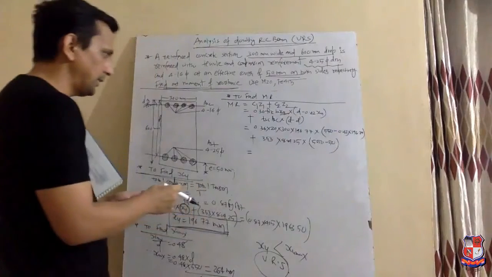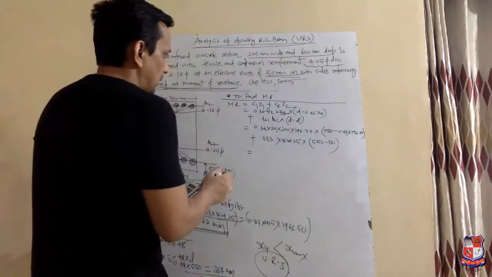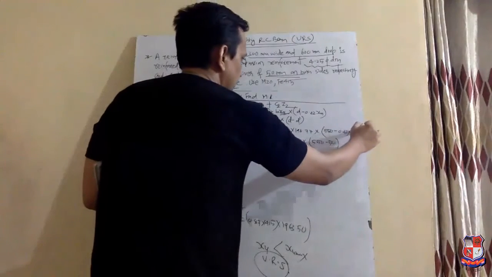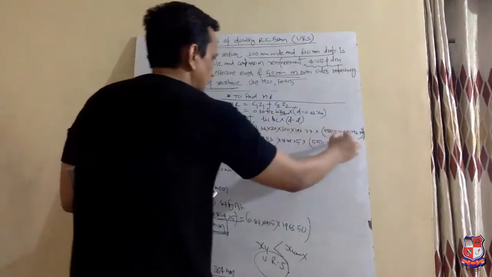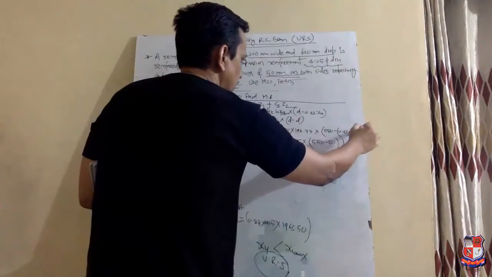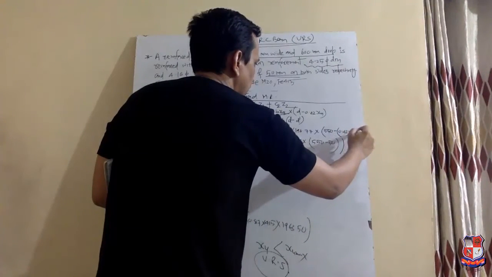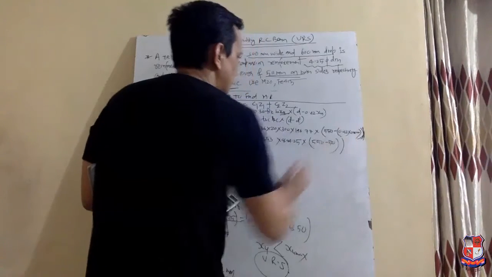Now calculate this. If you want to calculate in one step, you have to do the brackets carefully: here 3 brackets, for 196.77.